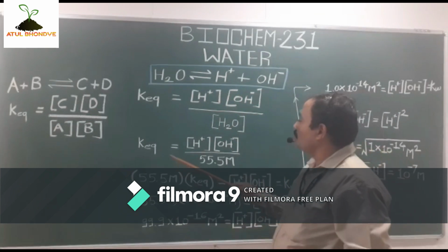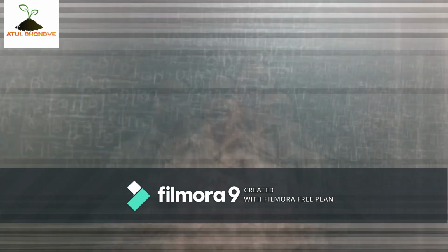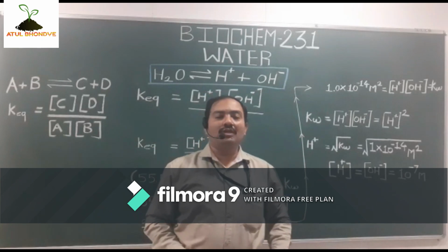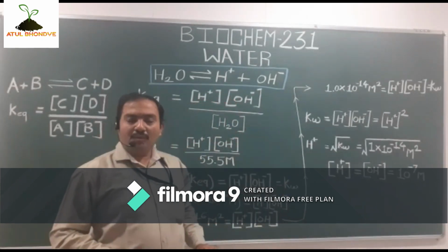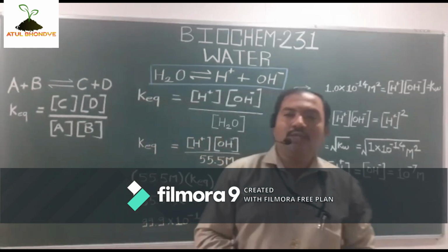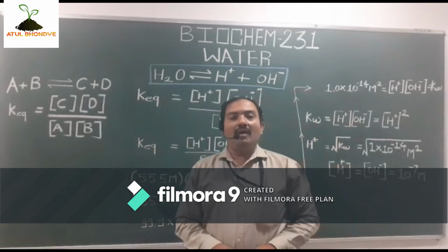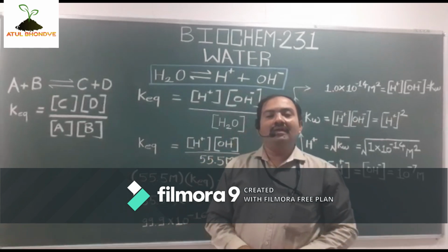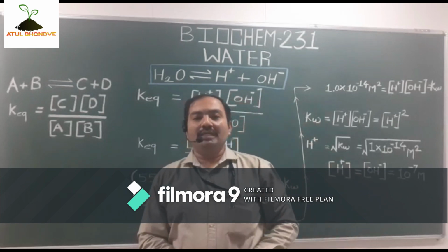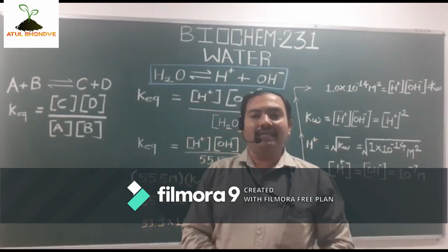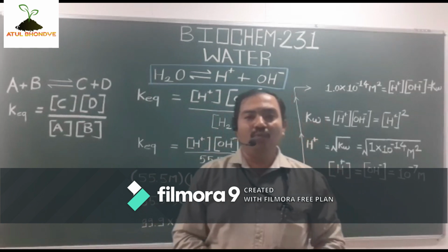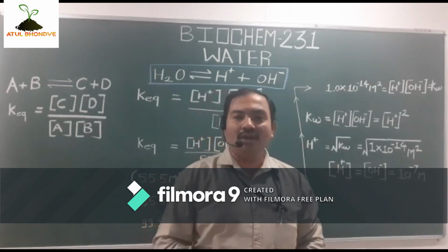At 25 degrees Celsius, the concentration of water is 55.5 moles. How does 55.5 moles come out? Here, the grams of H2O in 1 liter divided by the molecular weight: 1000 divided by 18 gives 55.5 moles, and this is the concentration of water.